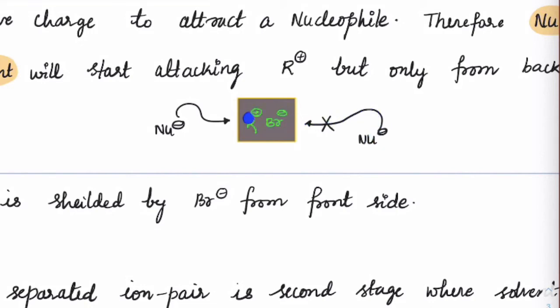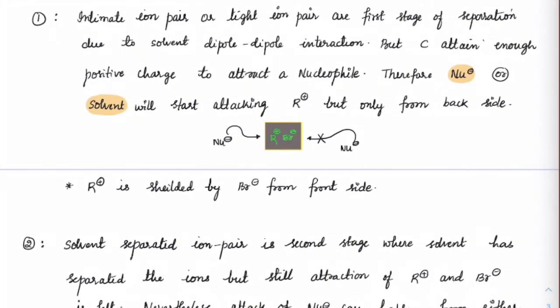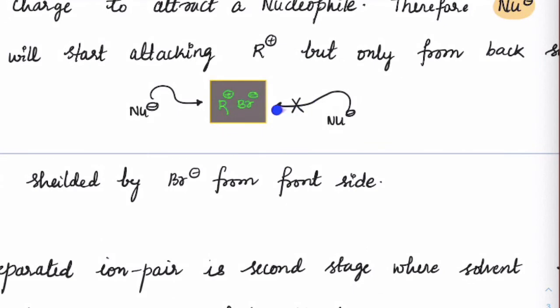But as the alkyl starts getting R plus, immediately the nucleophile will start attacking from the opposite direction. So you would see inversion has already started, but retention type of reaction has not started at all. Therefore the nucleophile or solvent will start attacking R plus, but only from the back side, not from the front side. From the front side, Br minus is still giving a lot of shielding towards R plus. So front attack won't be possible.